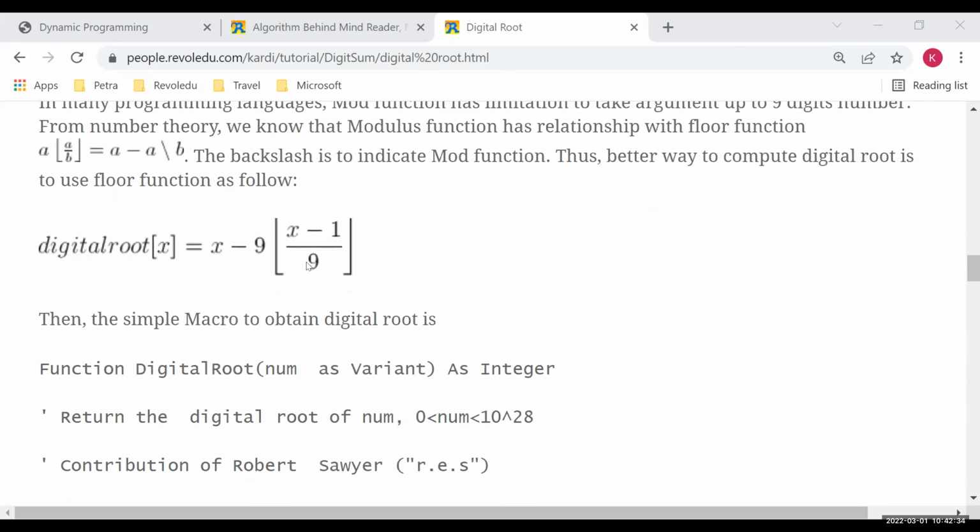So then you can use this: x minus 9 times x minus 1 divided by 9. Yeah, this symbol is the floor function.